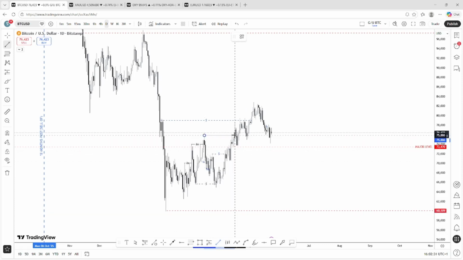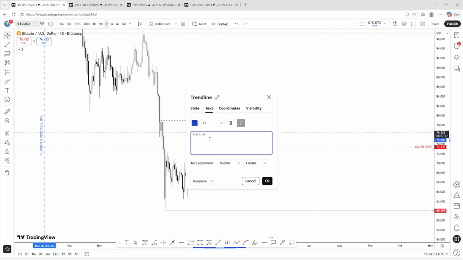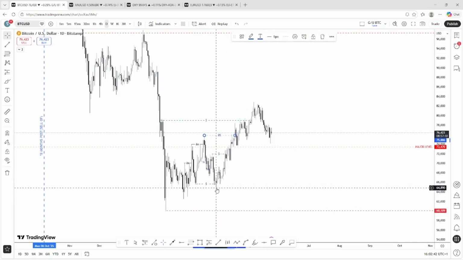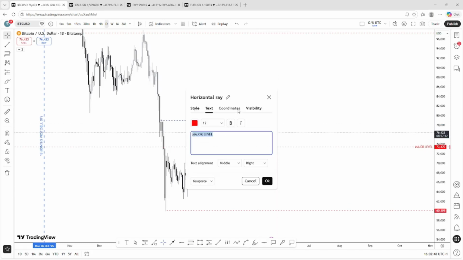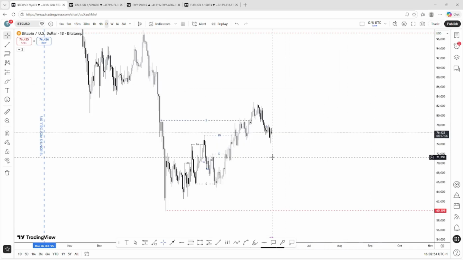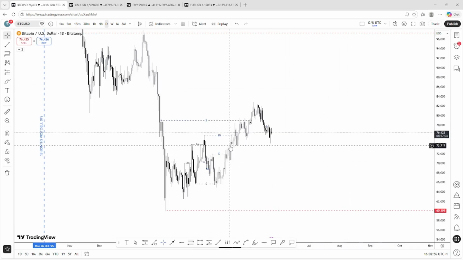if we are to follow the daily structure, the last break of structure was from this level to this level. Okay, let me remove the level. These are levels which are not significant to this market analysis.